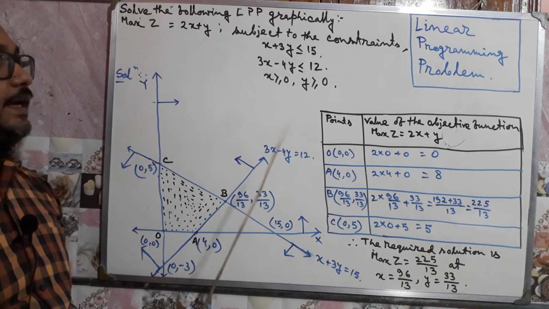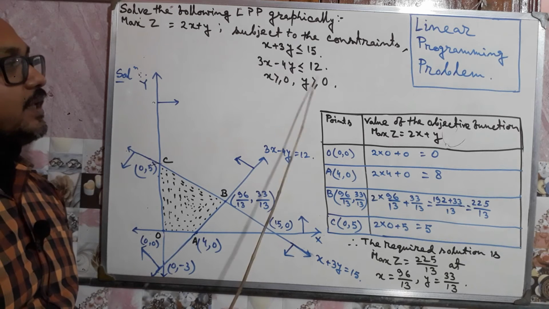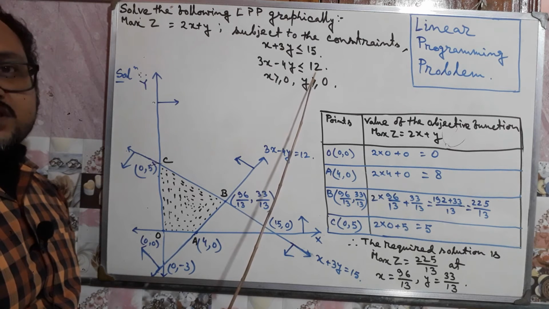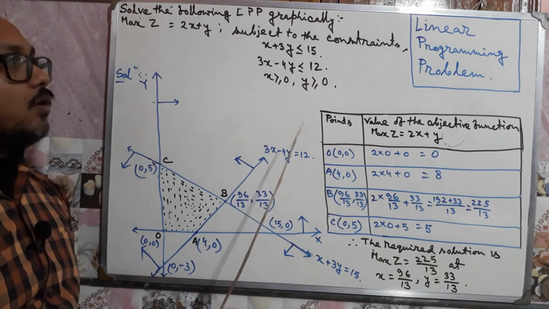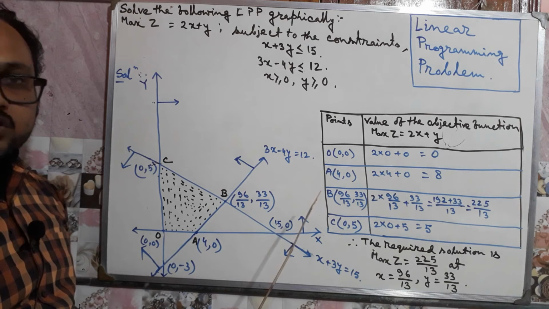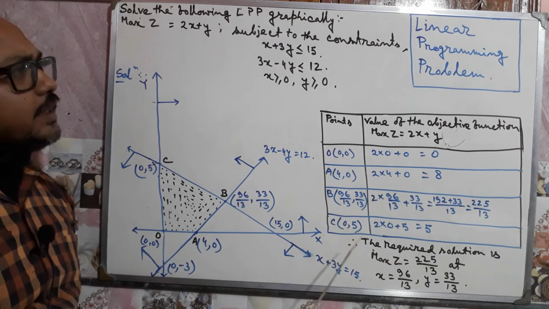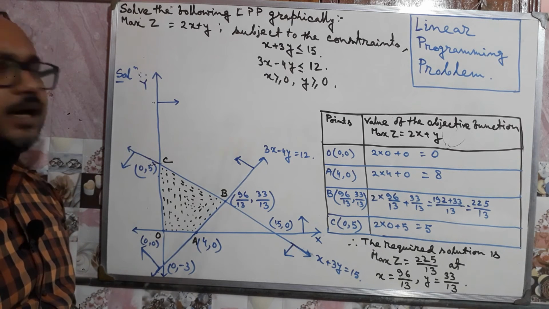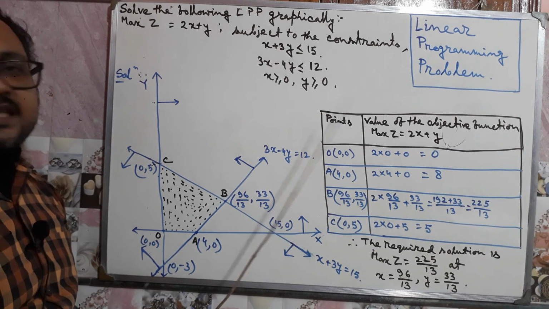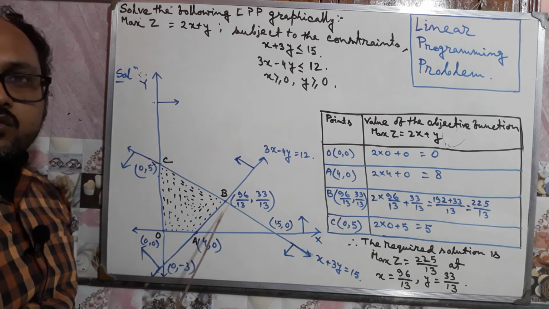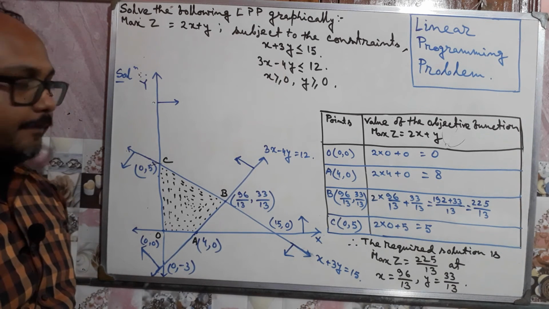Just keep it in your mind that we can't use the origin for a line which passes through the origin, where the constant becomes equal to 0. We can't check the portion indicated by the inequation with the help of the origin in that case. In that case, put any other value like 0, 1 or 1, 0 or 2, 0 or anything like that. Okay. And if it is satisfied, then the arrow will be given towards those points whatever you have put.